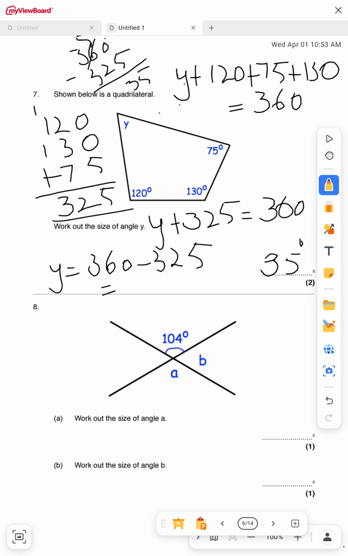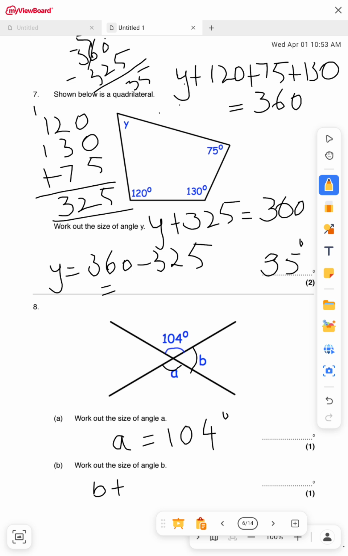A is equal to 104 because they are vertically opposite angles and they are equal. Vertically opposite angles are always equal. So A is equal to 104. And what is B? B plus 104 is equal to 180 because angles on a straight line add up to 180 degrees.